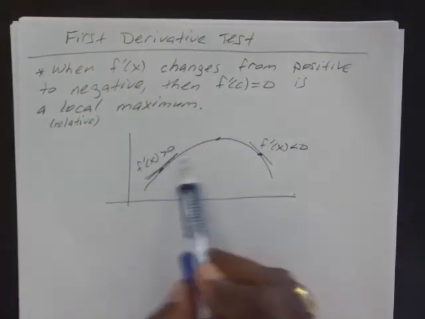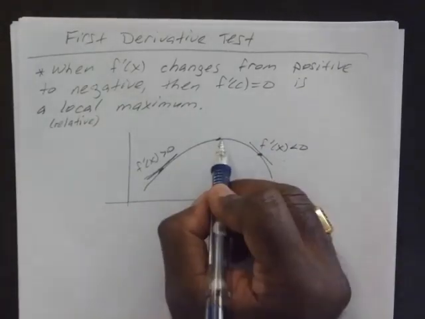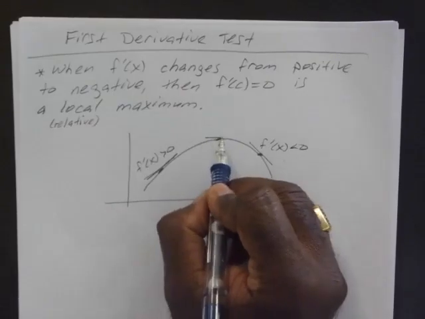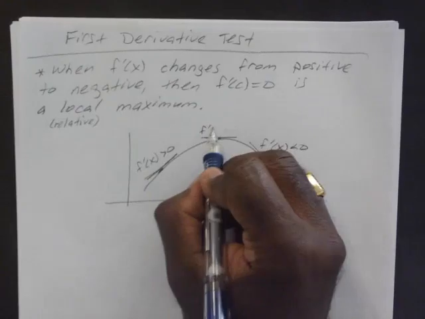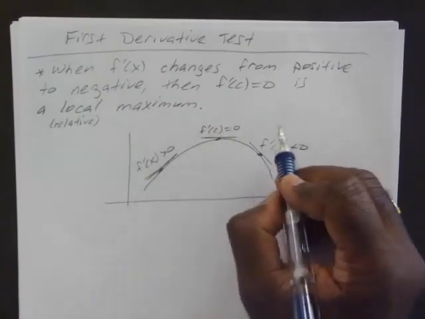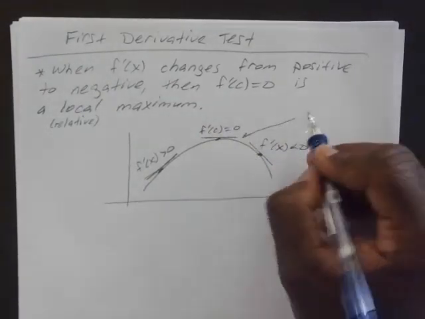So if it goes from positive to negative, then this point right here, where your f prime of c is equal to 0, where your slope of the tangent line is 0, that point is your maximum.